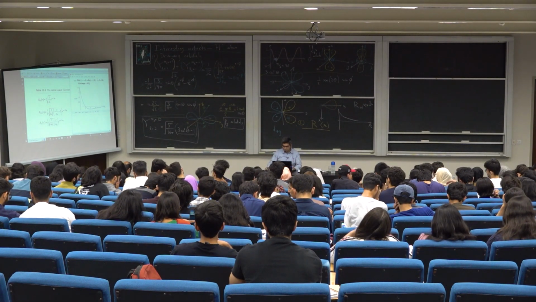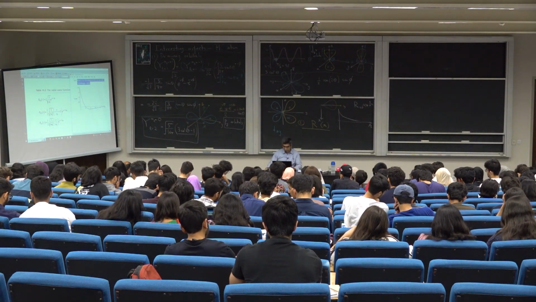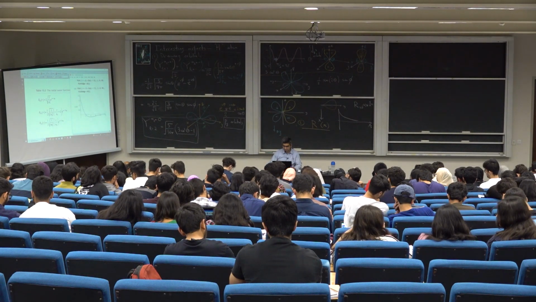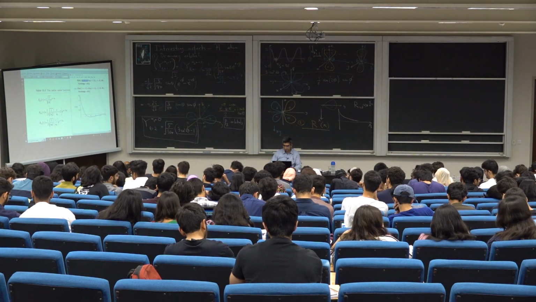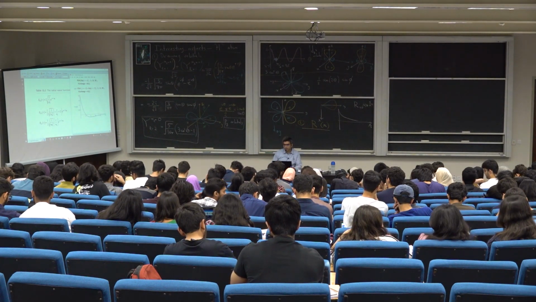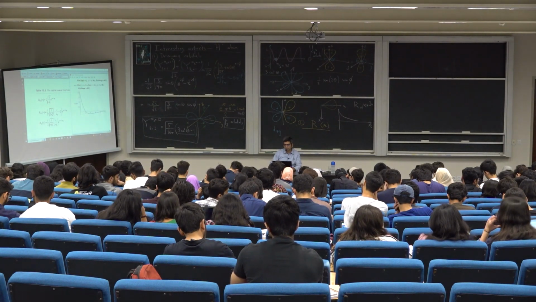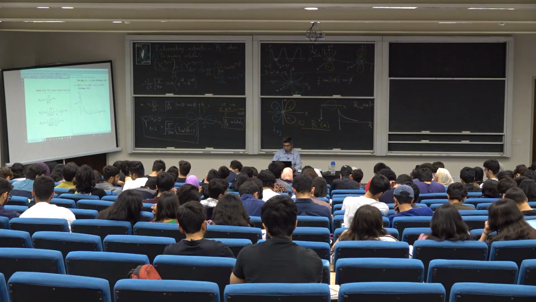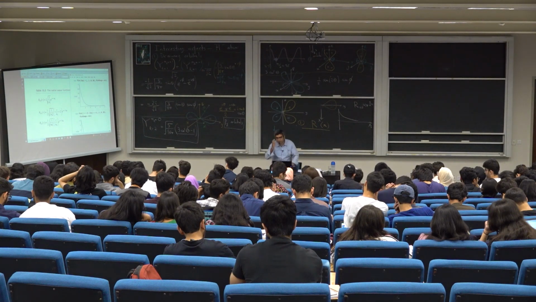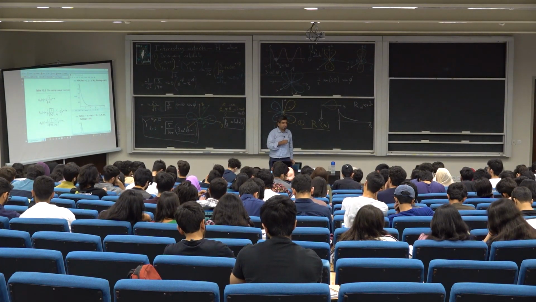A 1s orbital is simply exponent of minus r over 1, because a is 1. This is my 1s orbital, the one that I drew on the blackboard.